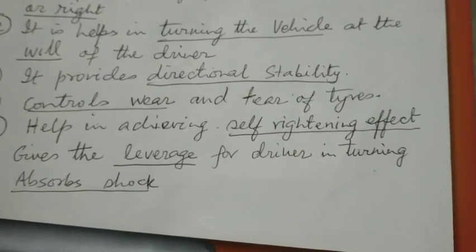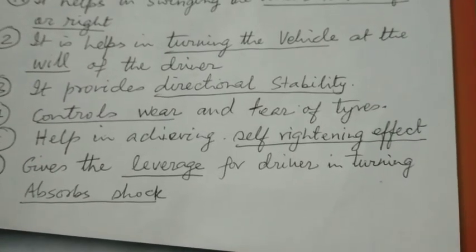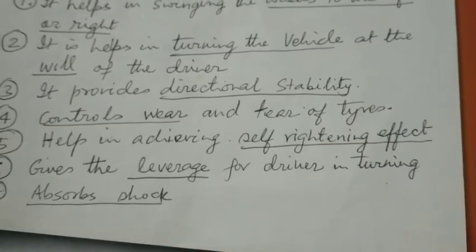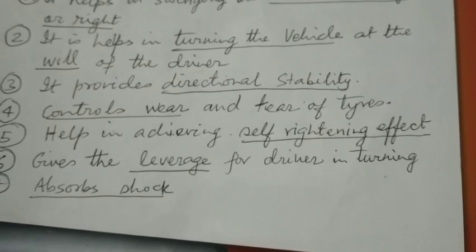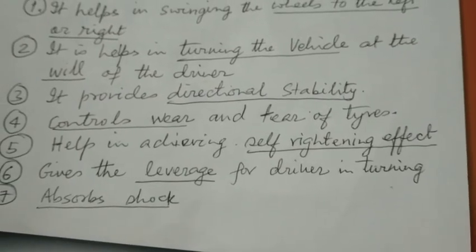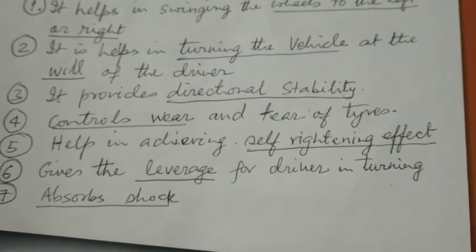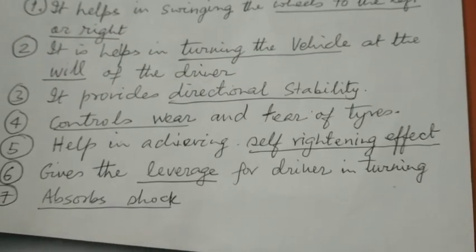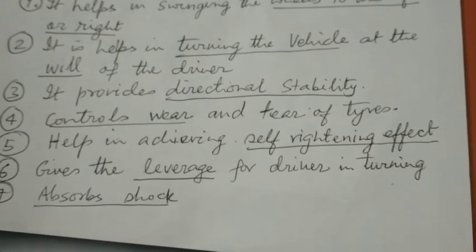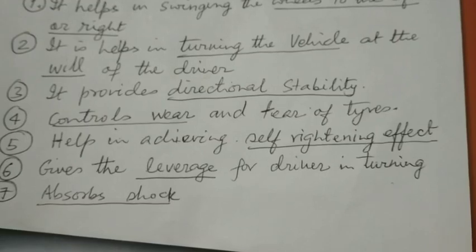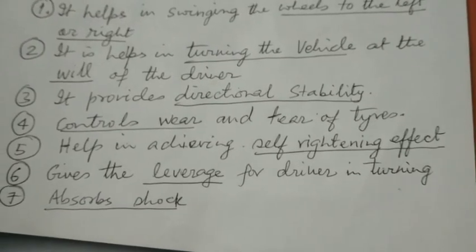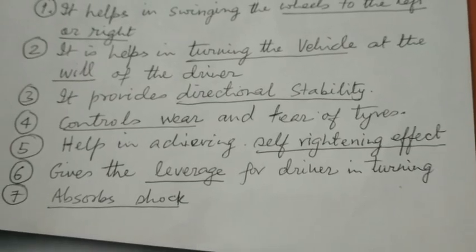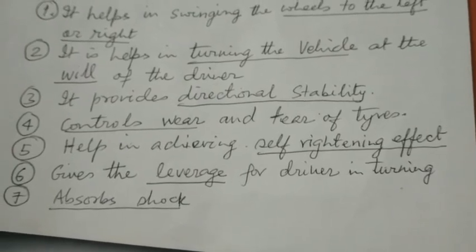Number 5. Suppose we are turning to the right hand side and we have already turned the steering wheel to the right and are moving. If we now want to go straight, we don't have to put effort on the steering wheel to bring it back to its original position. Even if we leave it, the steering wheel will come back to its original position of going straight.